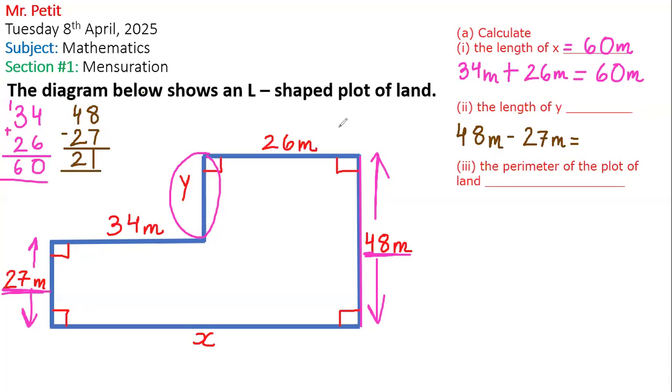So the answer is going to be 21 meters. So y is equal to 21 meters. Okay. Does that make sense to y'all or no?